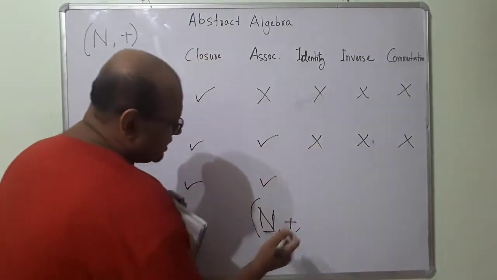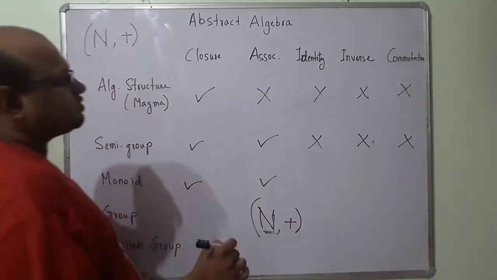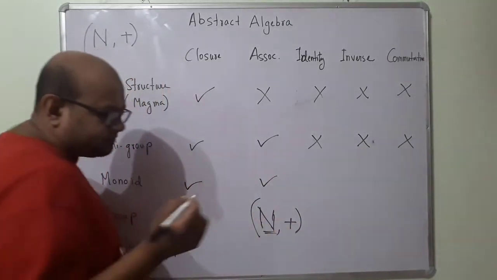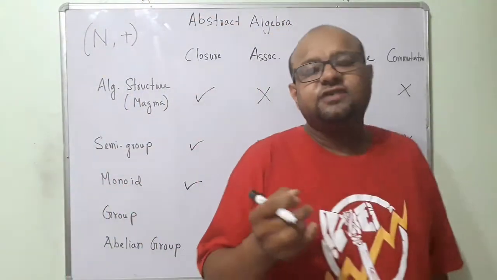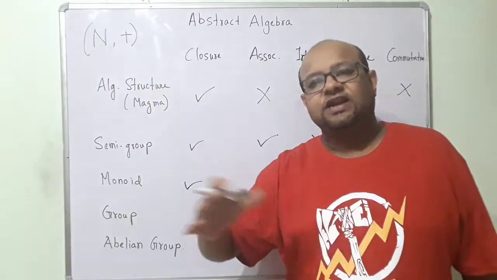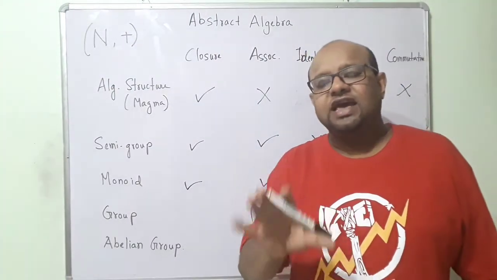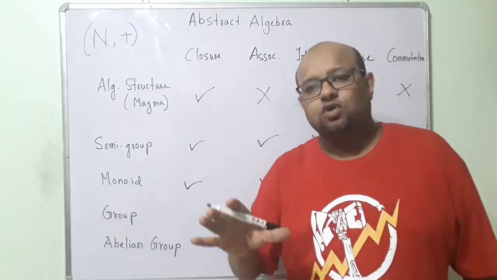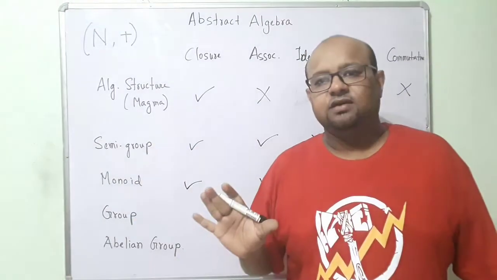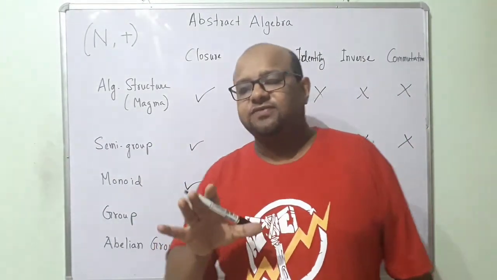Now, here is the question. Does identity exist in the set? What is the additive identity? We already discussed that the additive identity is 0. That means when I add anything with 0, or when I add 0 with anything, I will get back that thing. So 0 is the additive identity.